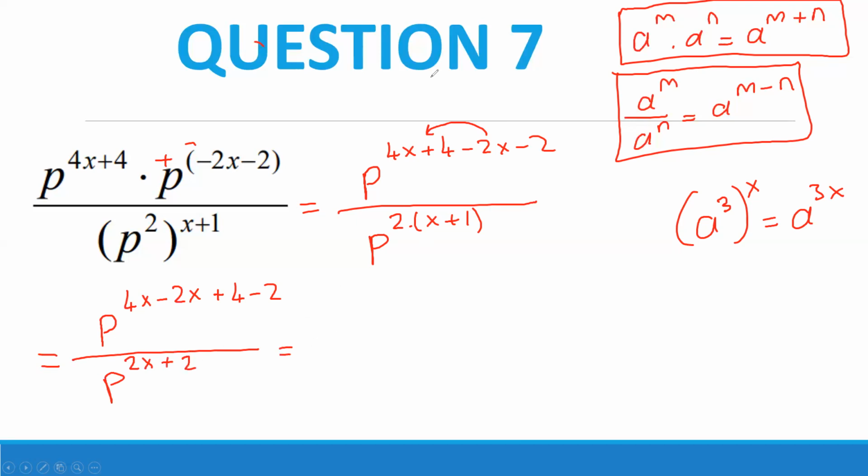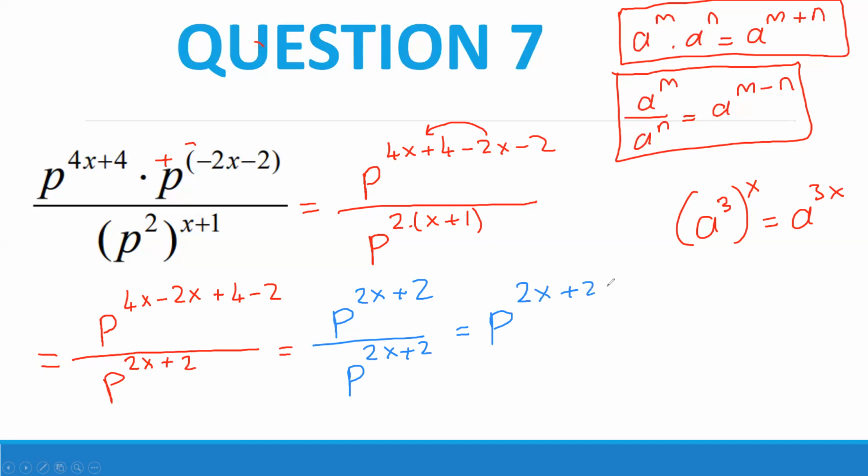Equals, let's change our color now. So 4x minus 2x, you are getting p power 2x, and 4 minus 2 is plus 2, and wow, we are getting the same number now, 2x plus 2. From now, if you want, you can just simplify and say the answer is 1, or use the long way. Just to understand, let's use that way.